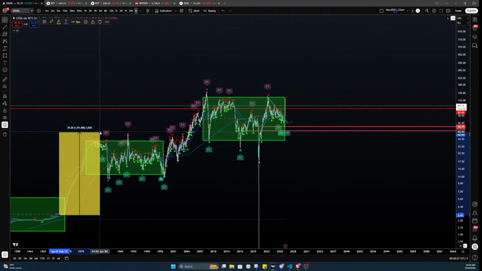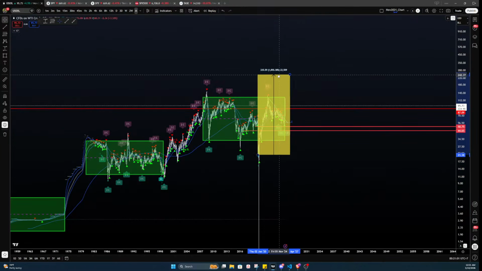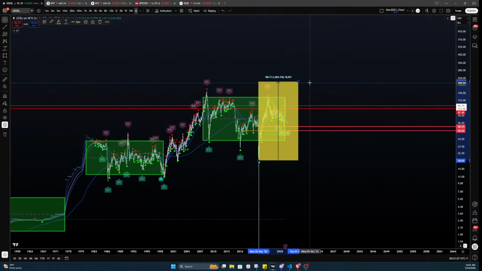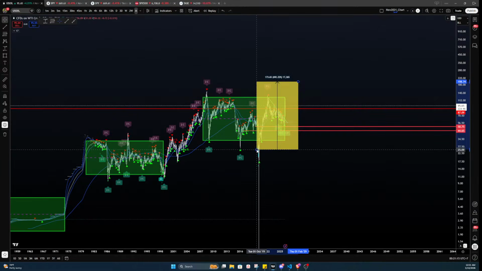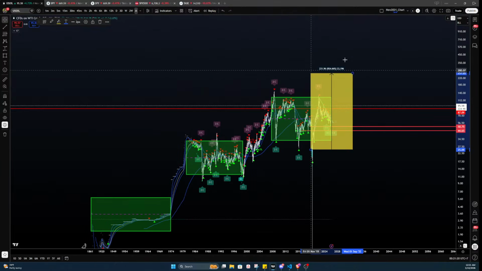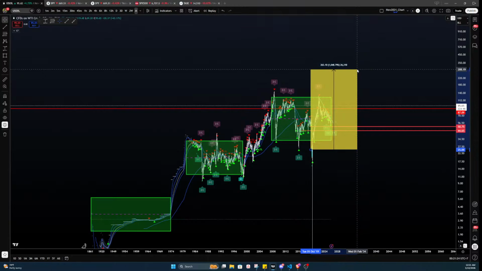Here it was 1,000%. So if we say this is the low, 2018, 2019, and we say 1,000%, it's about $200 a barrel. Even though this low was weird, I wouldn't even count this. I would say something like $25 a barrel, and then you go up 1,000%, which puts you around 250, 285.